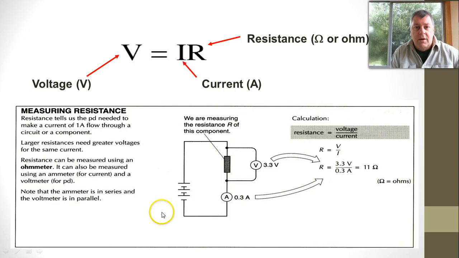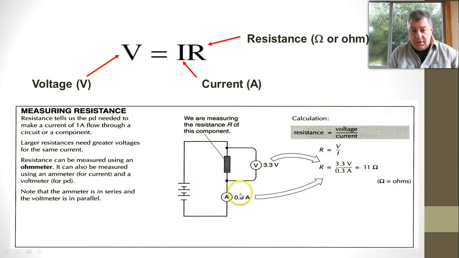Okay, now that leads us on to how we actually measure resistance. Remember in the last video I said, well, we don't have a meter for reading resistance, we just calculate it from the voltage and the current, and this is a setup in which we could measure the resistance.